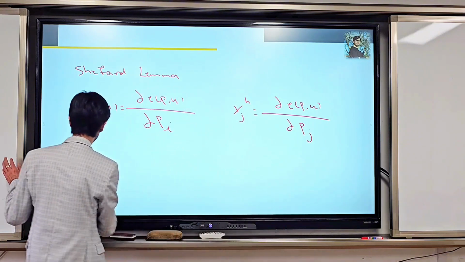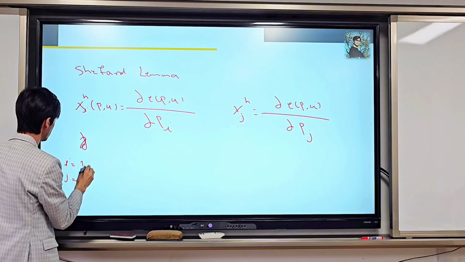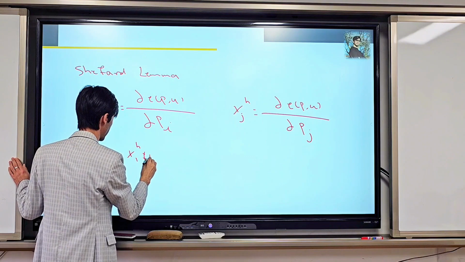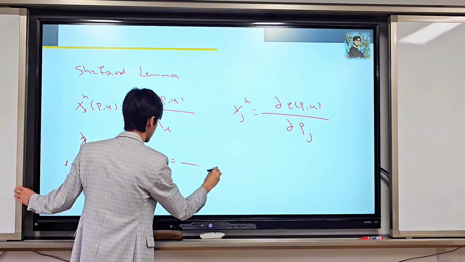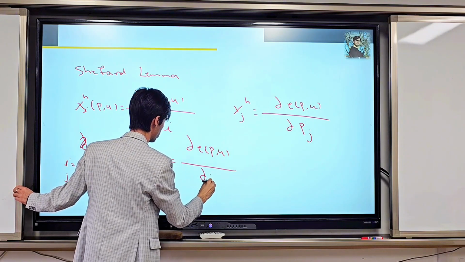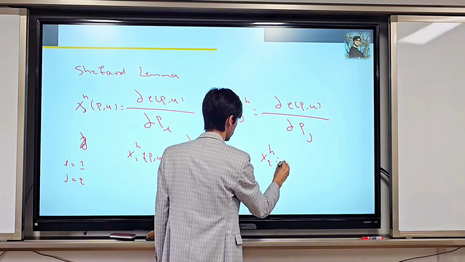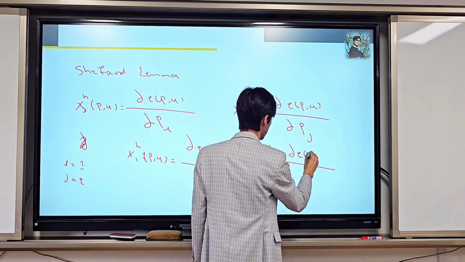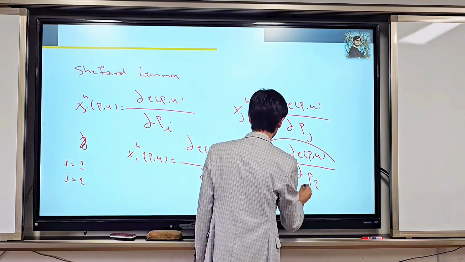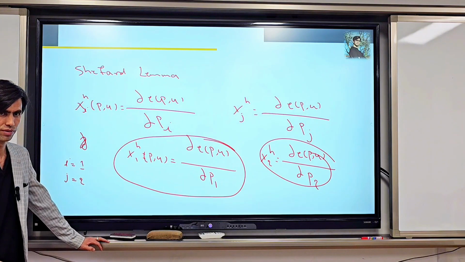So now, if i is equal to 1 and j is equal to 2, then x1h as a function of P and U is equal to the partial derivative of the expenditure function with respect to P1, and x2h will become the partial derivative of the expenditure function with respect to P2. This one is easy, it doesn't need too much work.